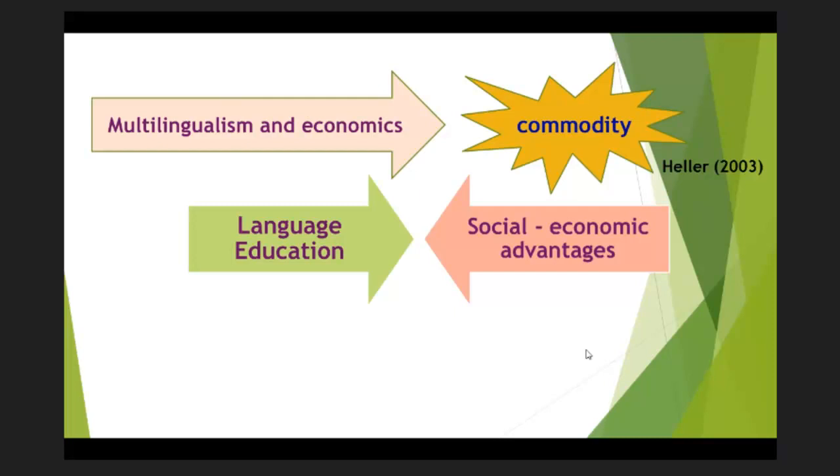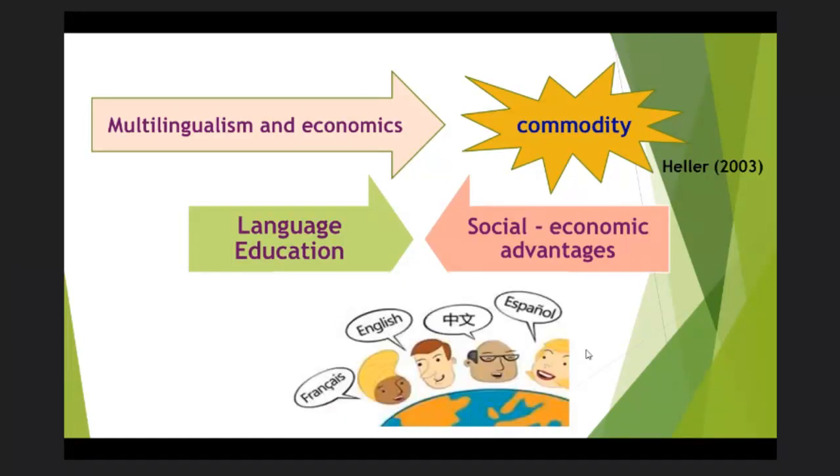From this, we can see the relation of the two terms here. Obviously, many parents try to put their children into educational programs where the medium of instruction refers to a language associated with higher economic or social status, such as English, Chinese, or Spanish.